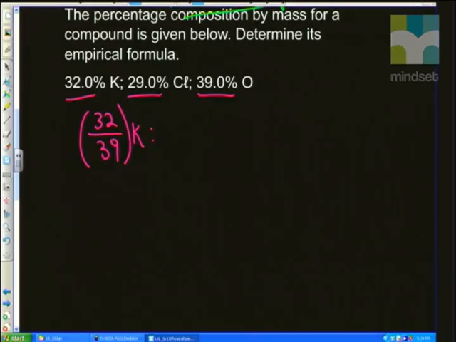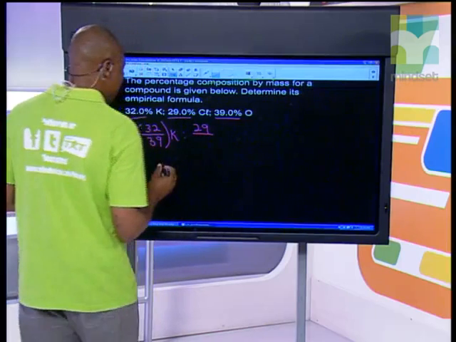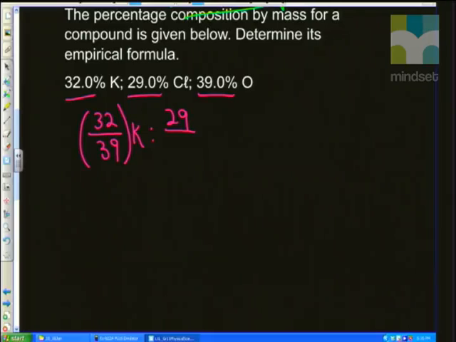And for chlorine, it's going to be what we have there, 29 over, what is this one here? Chlorine. I don't have my periodic table with me here. Is it 31.5? Let me not take a chance here. I don't want to mess up, but I'll show you how it works out to be at the end.